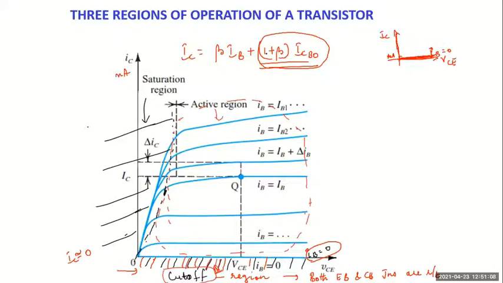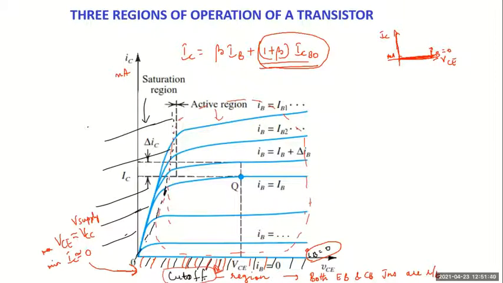Only the minority component is there. Whereas when the current is 0, the voltage from collector to emitter will almost be equal to the supply voltage which we give. So the voltage will be maximum and the current will be minimum or 0. In cutoff, voltage across the device is high, current through the device is 0.